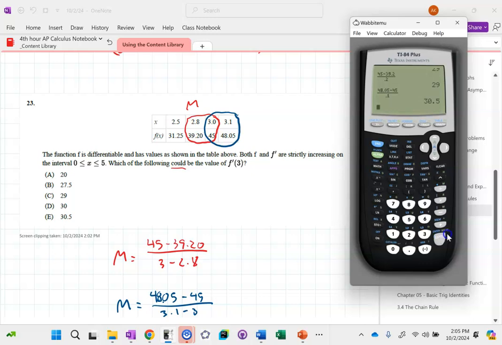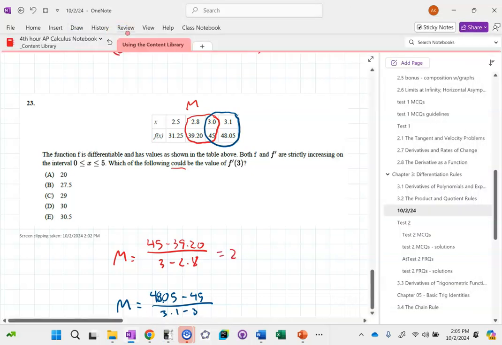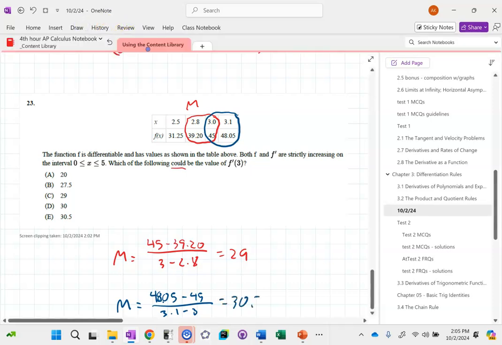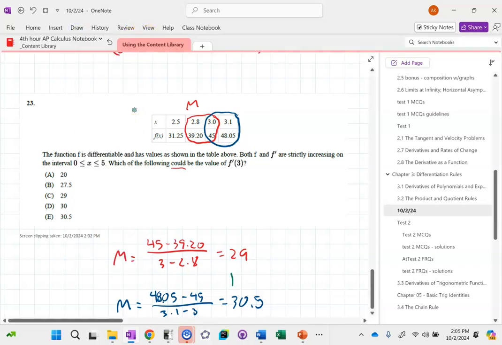So that's what I'd want. And again, the piece that tells me that it has to be in between those two is that it's strictly increasing.